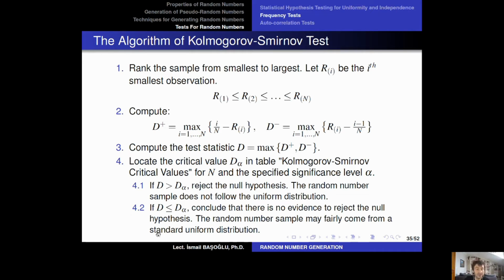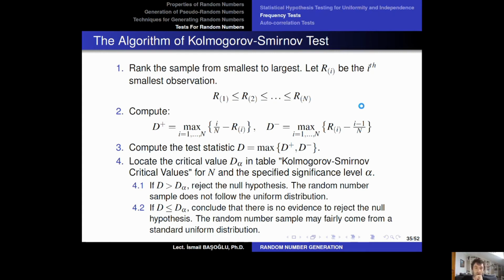Otherwise, if this deviation is less than or equal to d alpha, the critical level, then we say that there is not enough statistical evidence to reject the null hypothesis. The random number sample may fairly come from a standard uniform distribution.